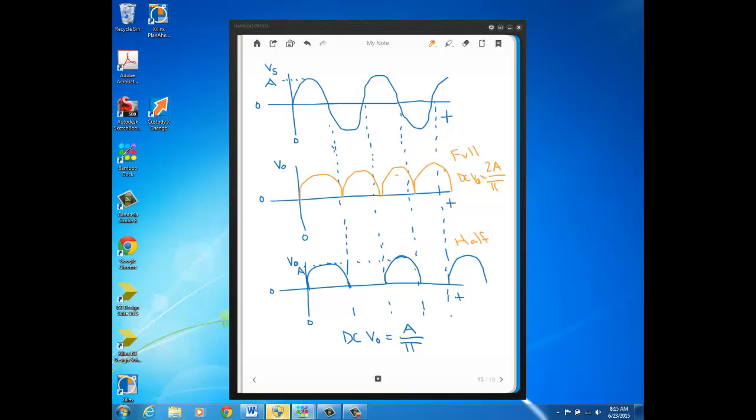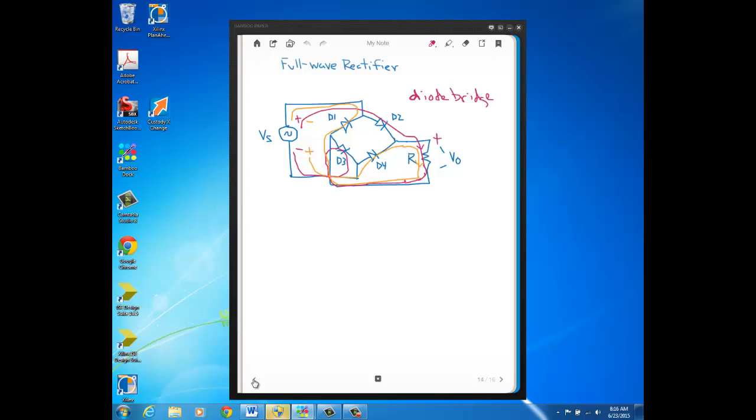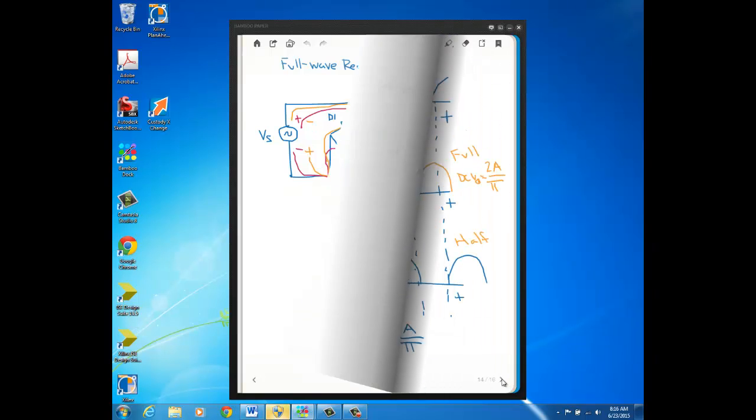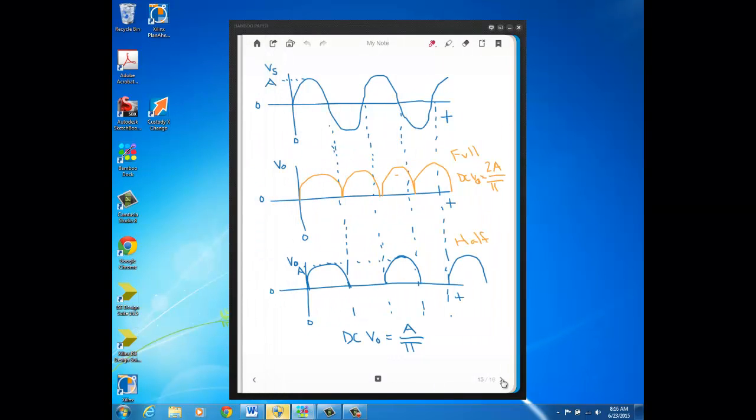And then, as we discussed also earlier, if you put a capacitor across the output, if we stick a capacitor here across the output, well, that capacitor is going to smooth out these humps.